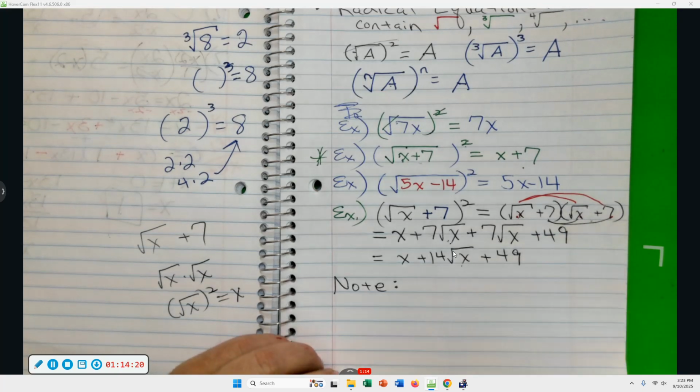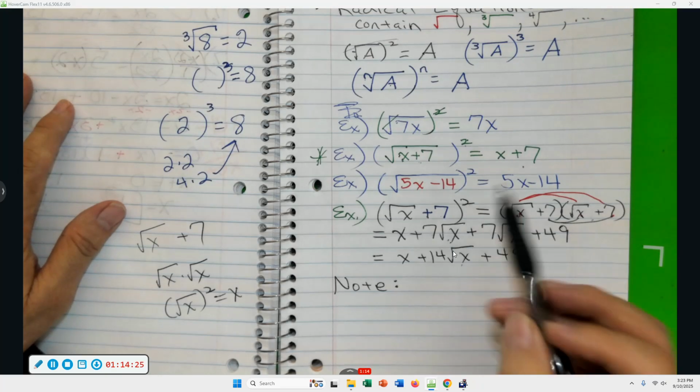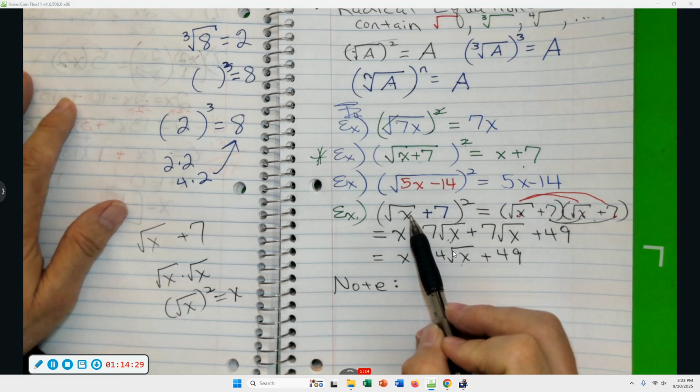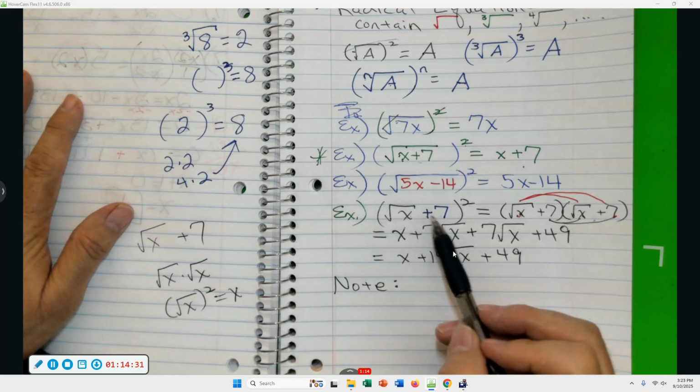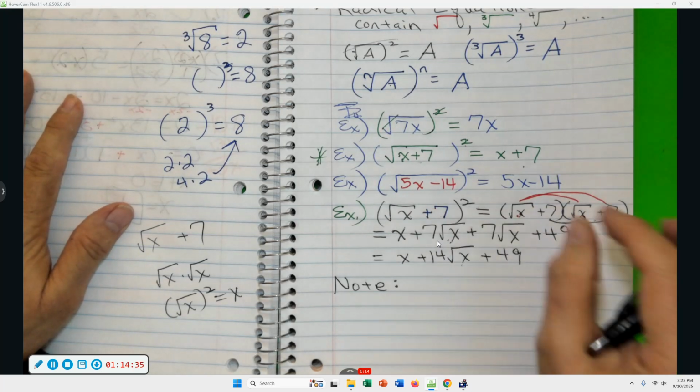We know that. So if you're going to square both sides of an equation to get rid of a square root, you better make sure that the square root is isolated. You don't want a radical with something added or subtracted to it. You have to move that stuff to the other side.